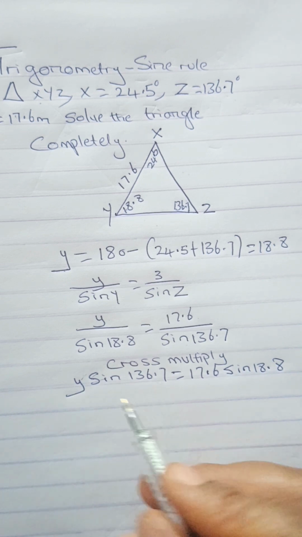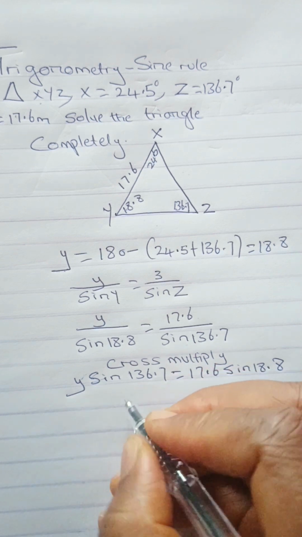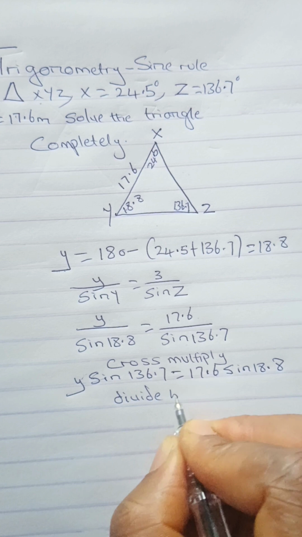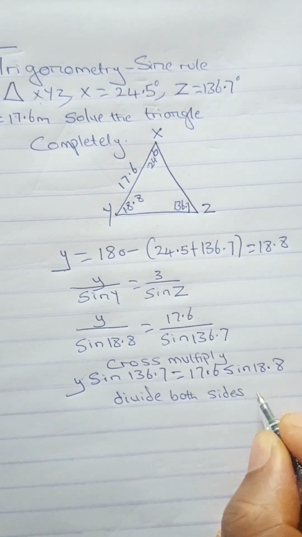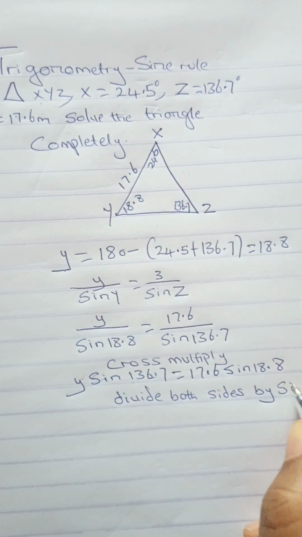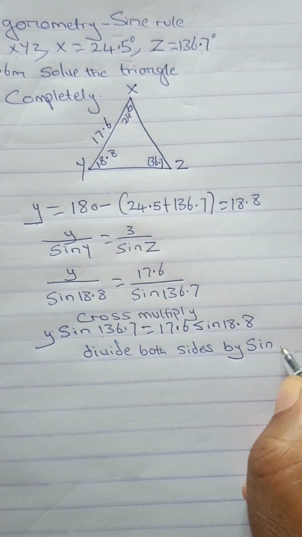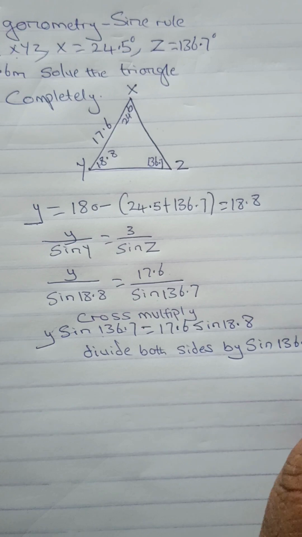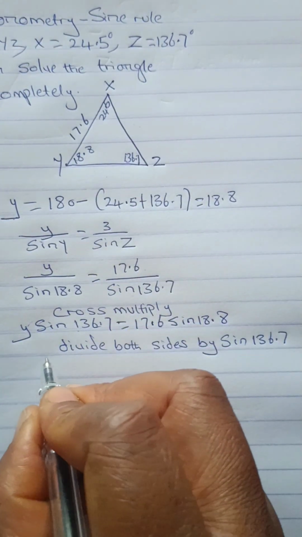To do that, we have to get rid of this so that y can stand alone. So we divide both sides by sine 136.7.